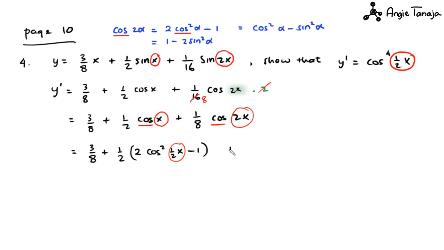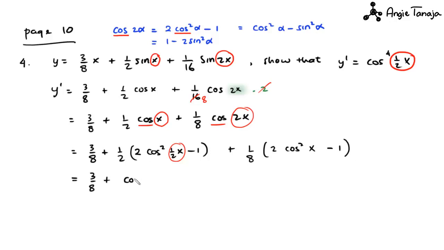Next, plus 1 over 8 cos this thing, which will be 2 cos square x minus 1, because the double angle here is 2x, so the half of it will be x. Then I try just to expand all of this.